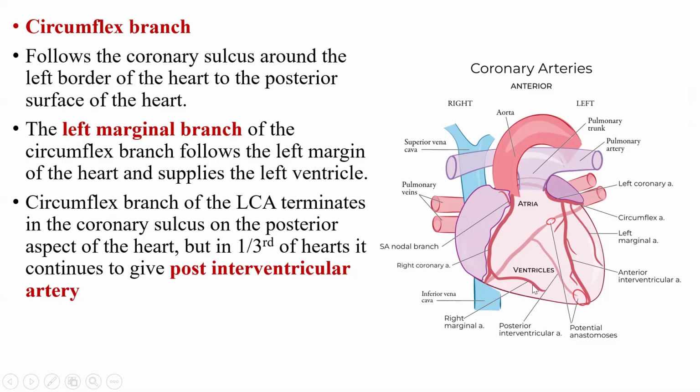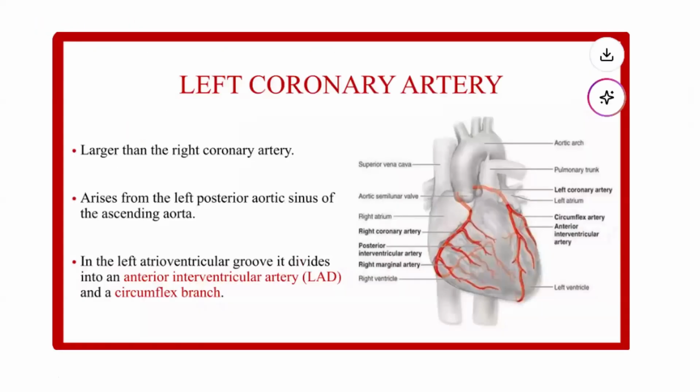So this is the right marginal artery and this is the left marginal artery. Then the circumflex branch of the left coronary artery terminates posteriorly in the coronary sulcus. In 1/3 of the cases, it continues to give the posterior interventricular artery. In that case, the heart will be called left dominant.